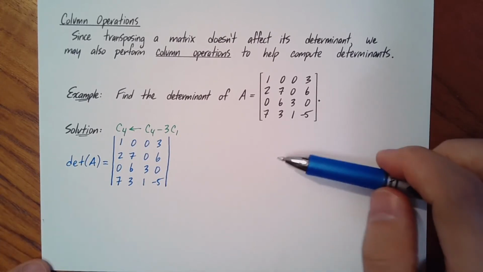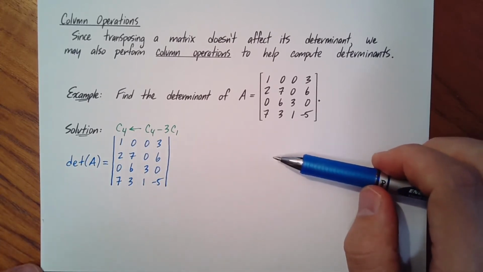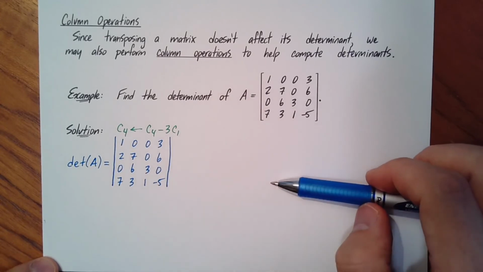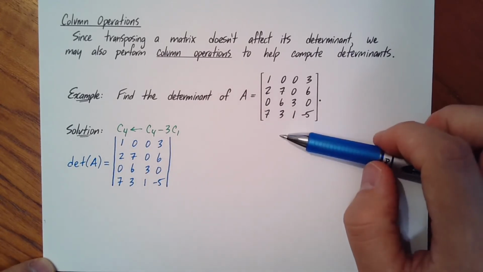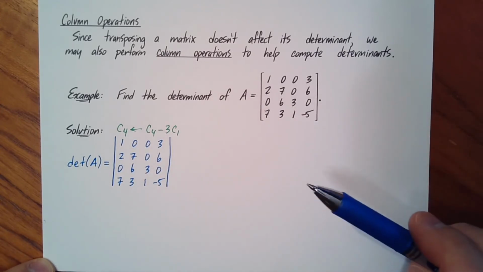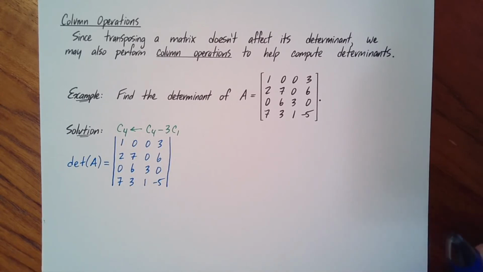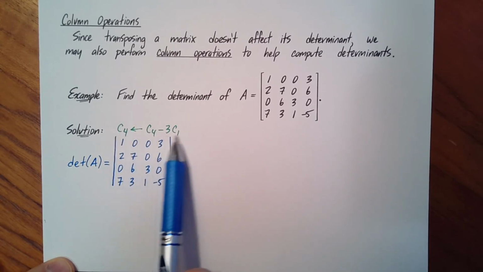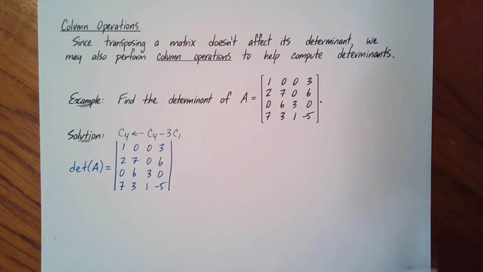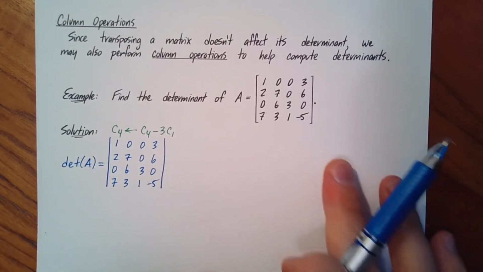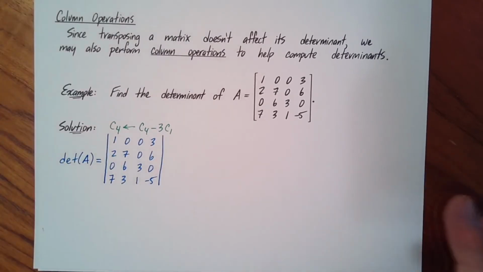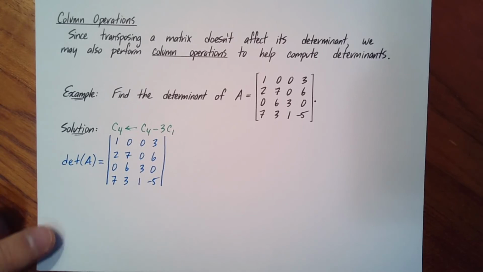Then I could take row 4 and replace it with row 4 minus 3 row 1, which doesn't have any effect on determinants. And then I could take the transpose again and transpose the matrix back. And that would be exactly equivalent to performing this column operation. So really, you can think of it as doing row operations, but you're just sandwiching them with transposes. Okay, so that's why we're allowed to do this.